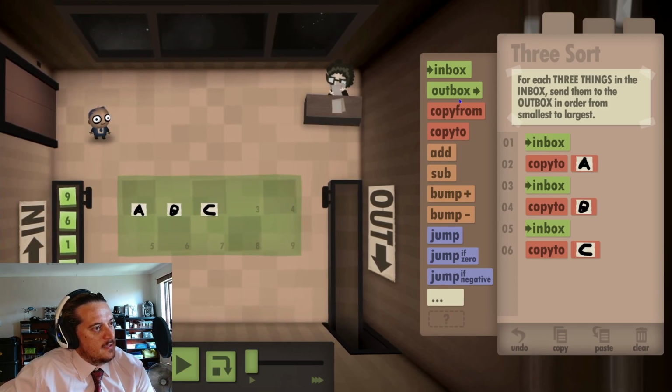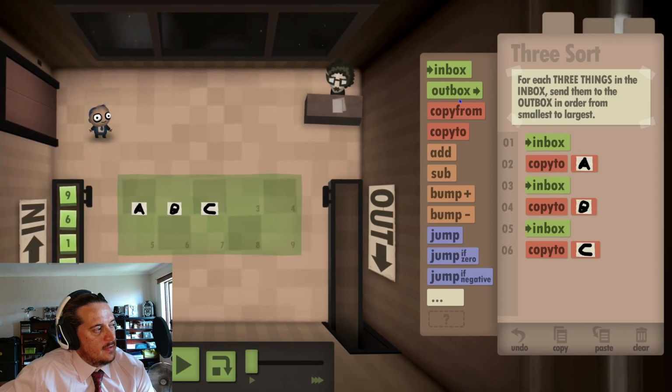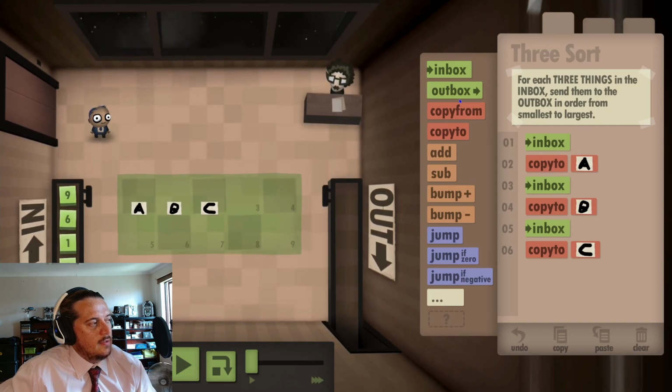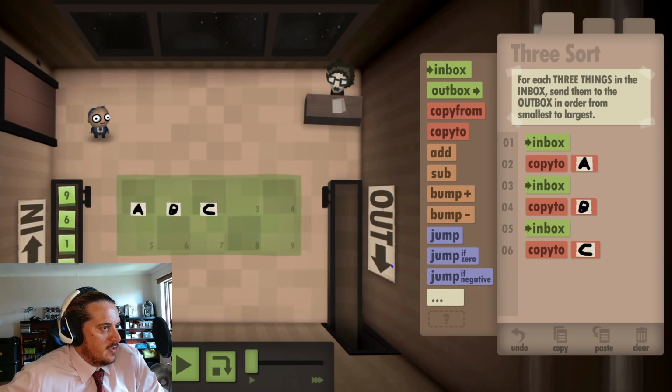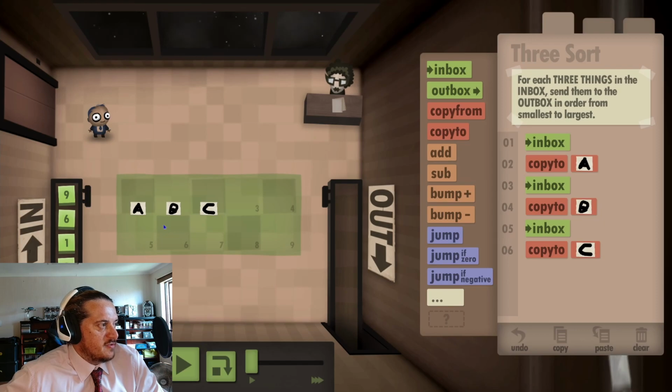So I have to subtract 1 from the other, see if it's smaller, if it's less than 0. If it's less than 0, then that's the highest.